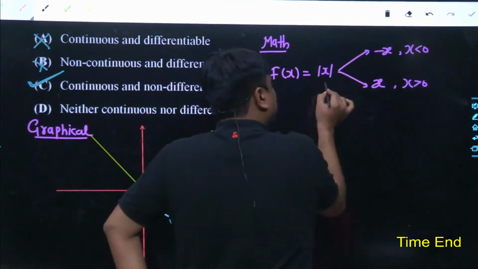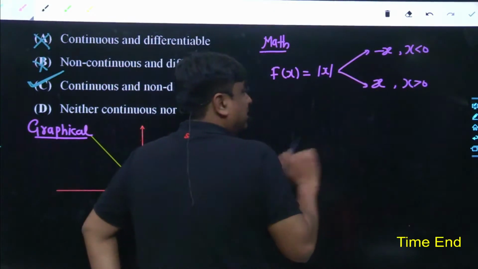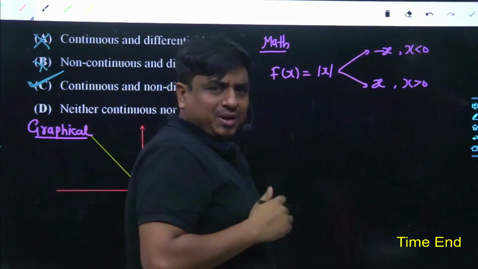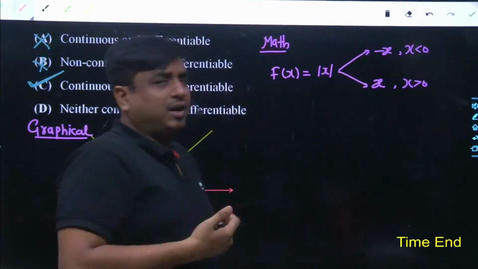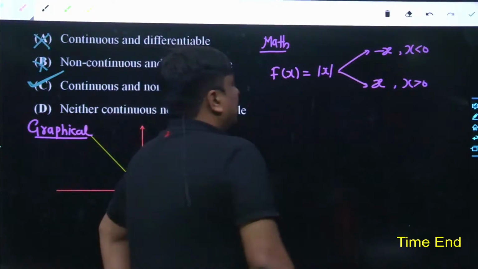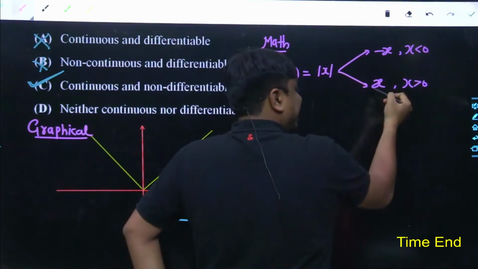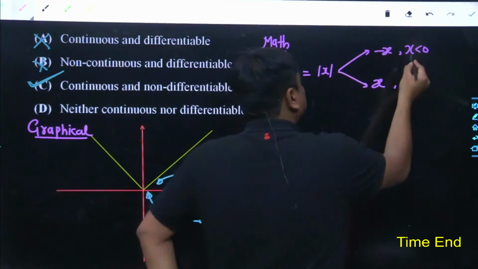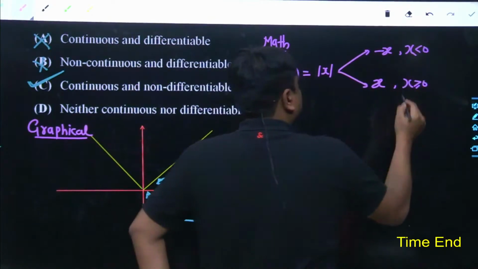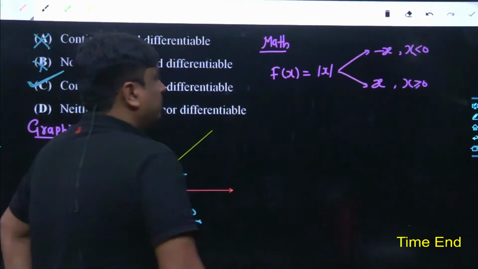How the magnitude of x is classified into two different zones was already discussed in an earlier class, so students who have been continuously attending my classes must have a little idea about it. Agreed? But as you can see, once you put x equals 0, both minus x and plus x lead to the same value, which is 0. So I could have taken the equal sign here as well. What would I be doing?